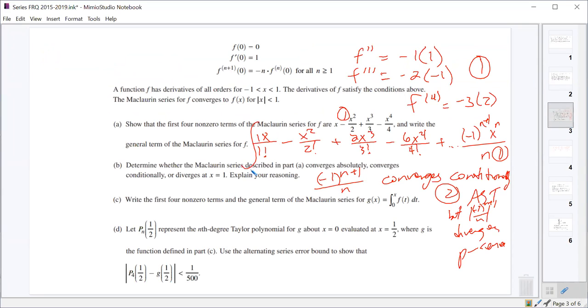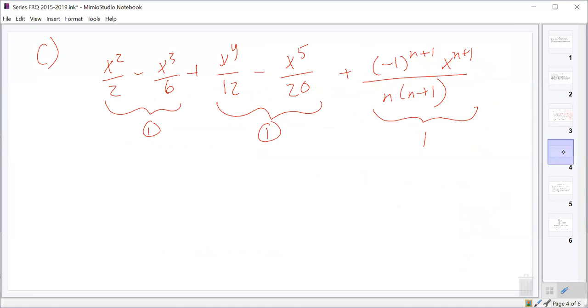The integral of this from 0 to x, right? You plug in x when you integrate, and then you plug in 0, and every term when you plug in 0 is just 0. So that's why you get that, right? Everybody good with that?